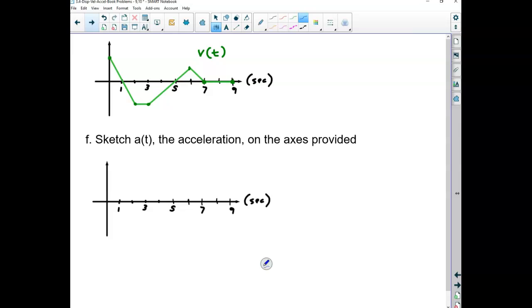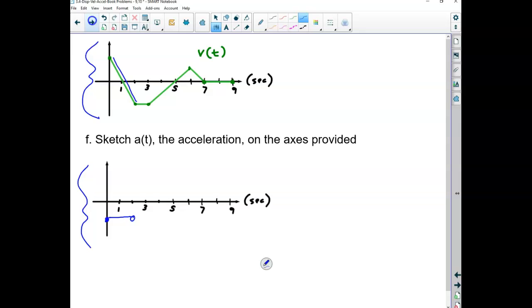Now notice there are no quantities on my y-axis, so I have no way to know exactly what the slope is, because remember, acceleration is the derivative of velocity, so I know it's the slope of this line, and all I know is from time 0 up to time 2, I have a negative slope. I don't know exactly what it is. That's why I'm not putting any labels on my y-axis.